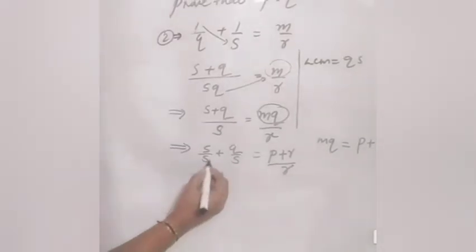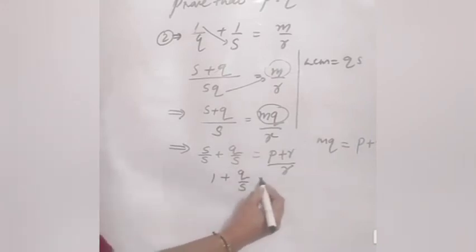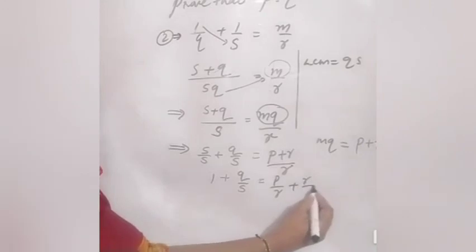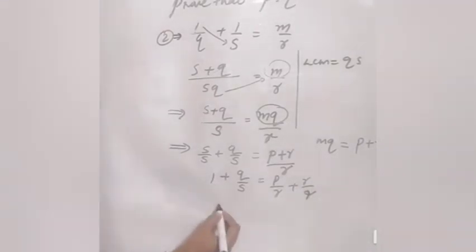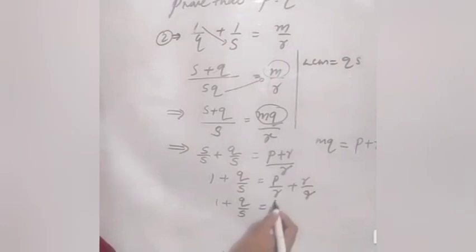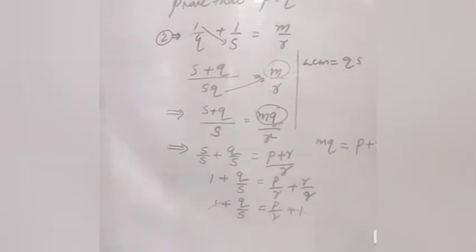What is s by s? 1 plus q by s equals p by r plus r by r. Now that is 1 plus q by s equals p by r plus 1. So on both sides we have plus 1, we can cancel it out.